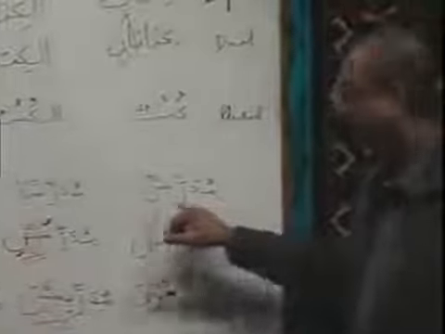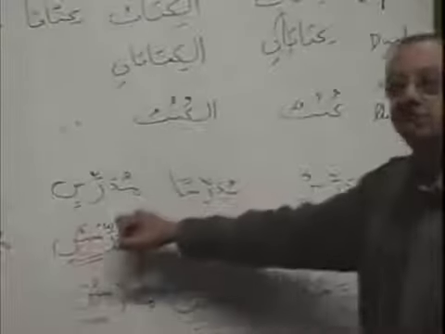Same pattern you will apply to the next noun, Sadikun. Brother? Sadikun, Sadikan, Sadiqin. Sadiqatun, Sadiqatan, Sadiqatin. Are you with me? It's very easy. It's not difficult. By repeating several times, inshallah, it will become very good.